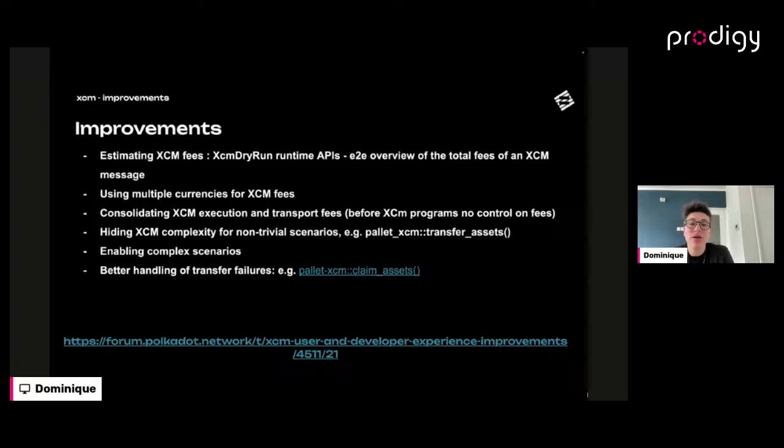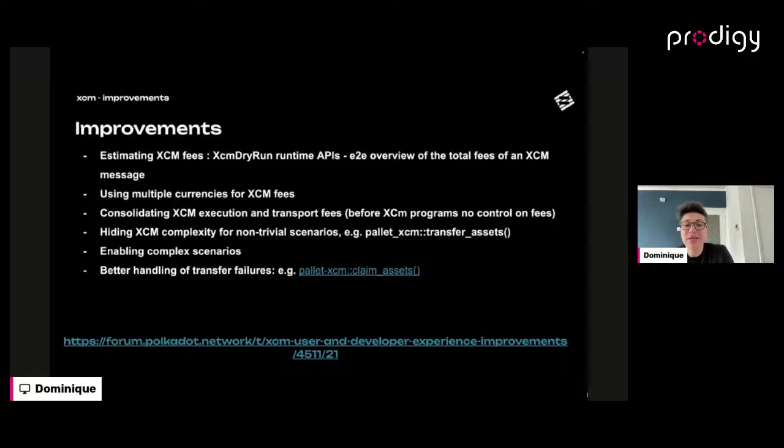Very common, no, I will not say common, but this happens, that the transfer doesn't complete and some tokens are trapped in a chain. So the user wants to get their tokens back, right?